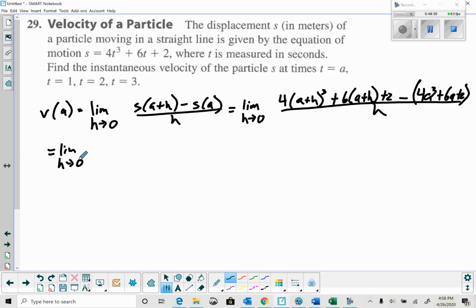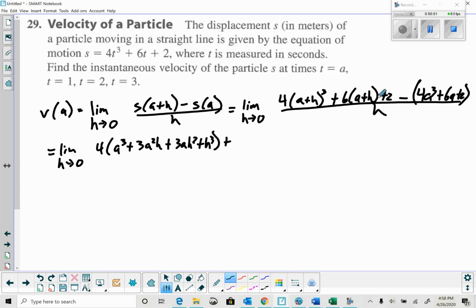So we're going to take the a plus h cubed and expand that with hopefully a lovely binomial theorem, and then we can just distribute the 4s, right? So this will be 4 times a cubed plus, remember Pascal's triangle, 3a squared h plus 3a h squared plus h cubed.